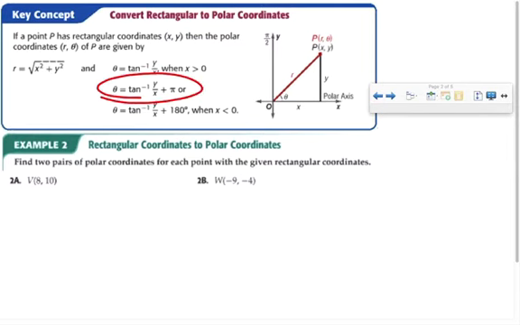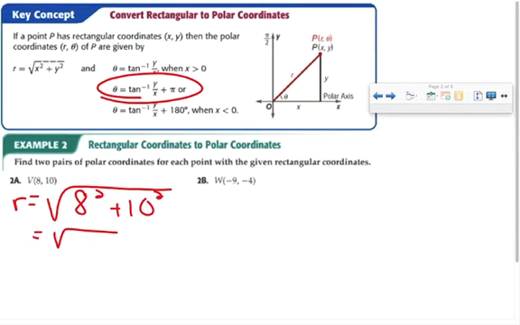In example 2, part A, in order to find r, I know that r equals the square root of 8 squared plus 10 squared. So that's the square root of 164, which is approximately 12.8.